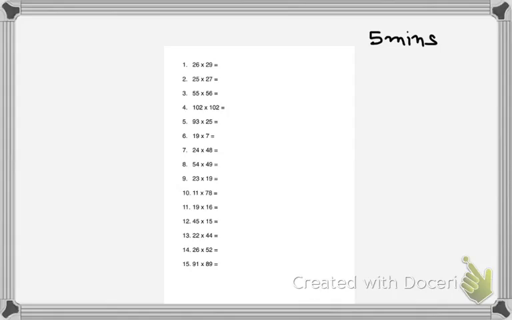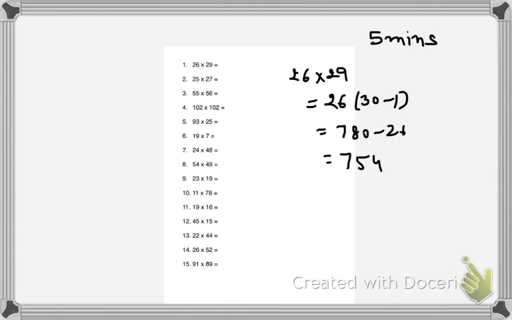Now, talking about your first question, say 26 into 29, you can solve this question by splitting 29 into 30 minus 1, and thus it will make your calculation 780 minus 26, and the answer will be 754. So again, it's just the way you adopt to solve the question which will help you in picking up the speed.